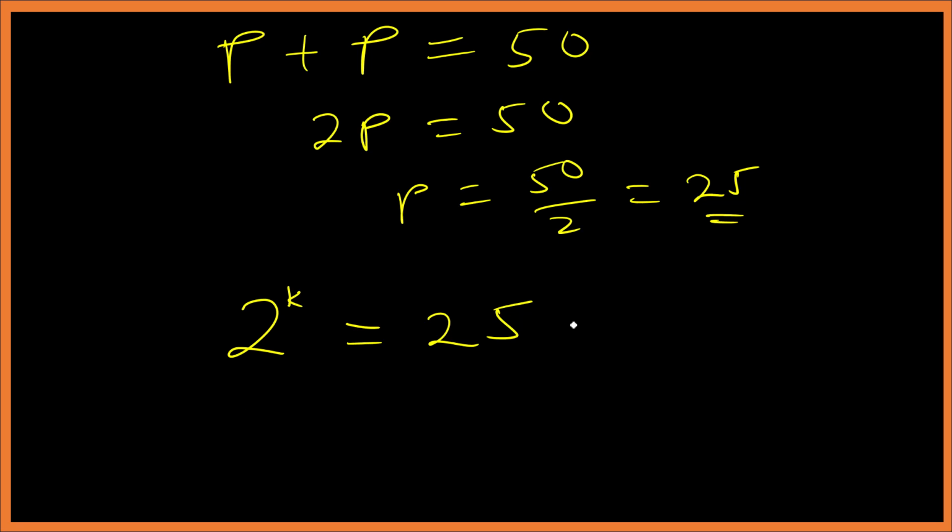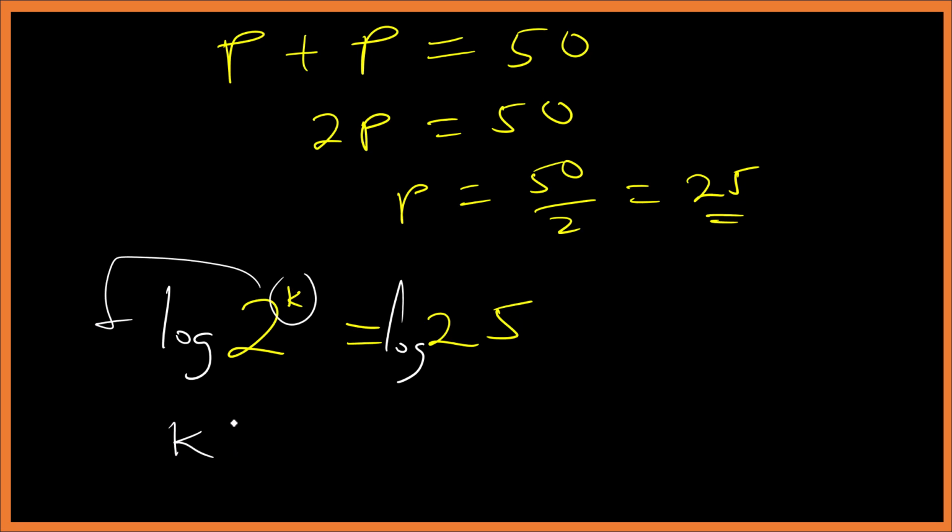As we take log on both sides, since we want to move the power here, take log on both sides. This one is a power rule, so it will come here. That will be k log 2 equals log 25.